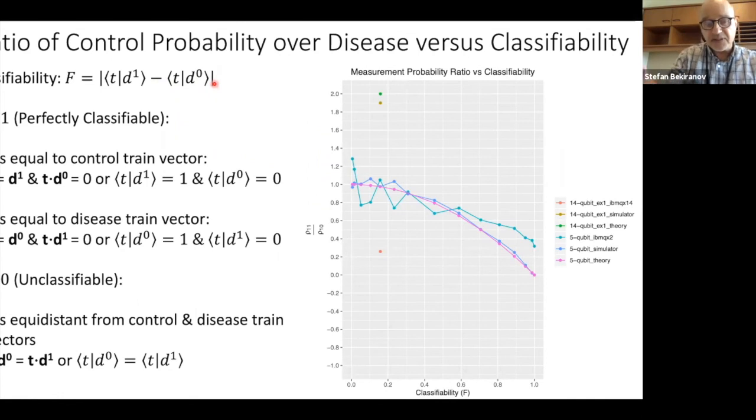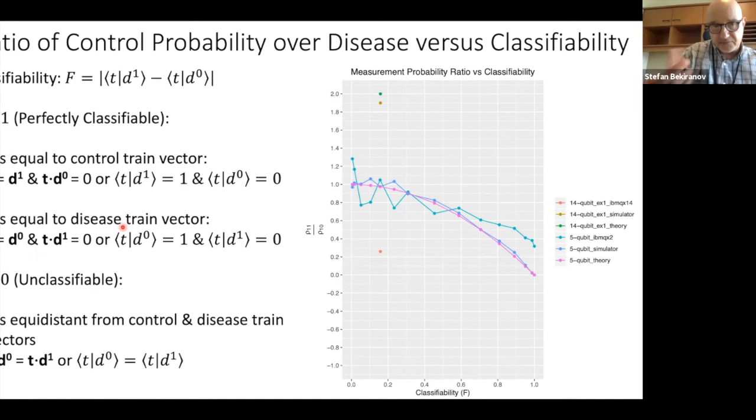Very intuitively, if the test is exactly equal to the control, and the control and the disease are perpendicular, it'll perfectly classify. You'll get the inner product between test and control being 1 and the other one being 0. So F is 1. That's perfectly classifiable.